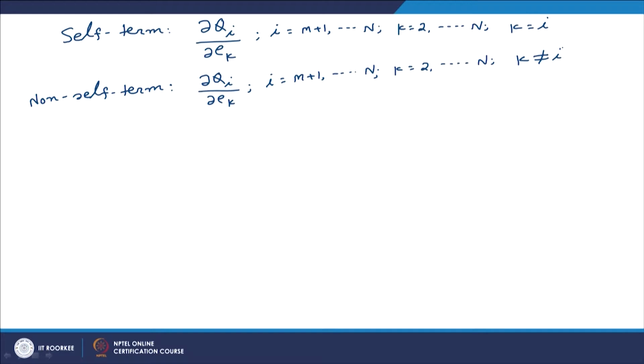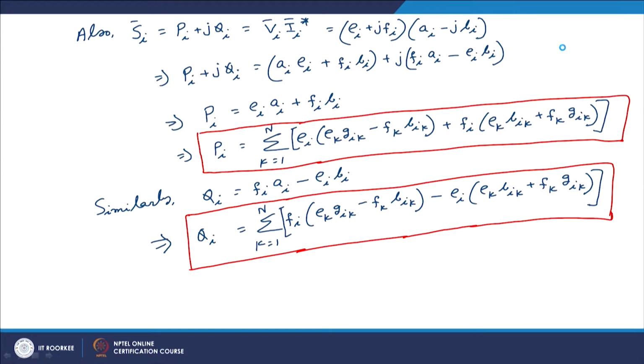So, to do that, we need to look at the expressions of Q, what we have already defined or rather derived. So, the expression of Q is given by Fi into Ek Gik minus Fk Bik.